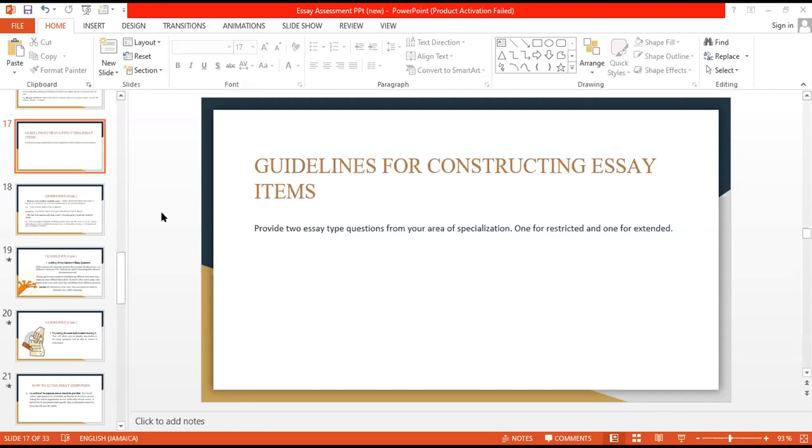So this is not one of the select items. This is a full-bodied question where you're asking for the construction of an essay or a short answer item. So you need to construct the stem in such a way that it has adequate context. We don't take certain things for granted.